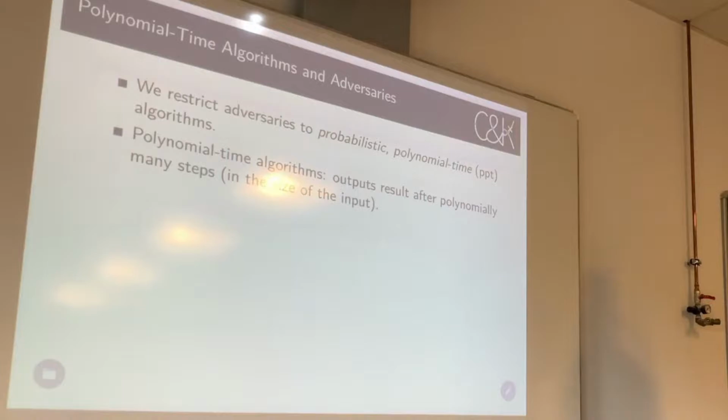So if you talk about a polynomial time algorithm, you always say the number of steps is polynomial in the size of the input. So you have to know what the input size is. Otherwise, and that makes some of our definitions a little bit more complicated than what we saw in the previous lectures, because we have to specify an input.